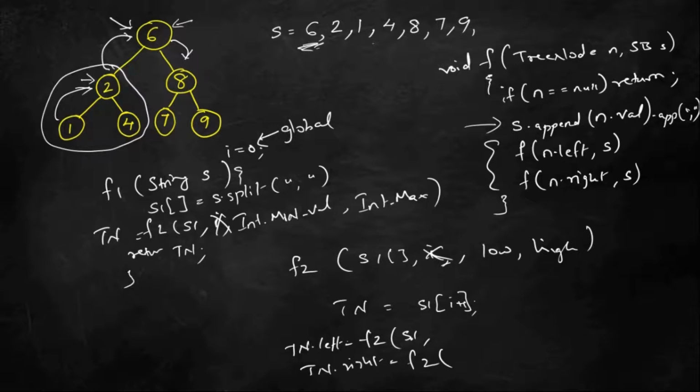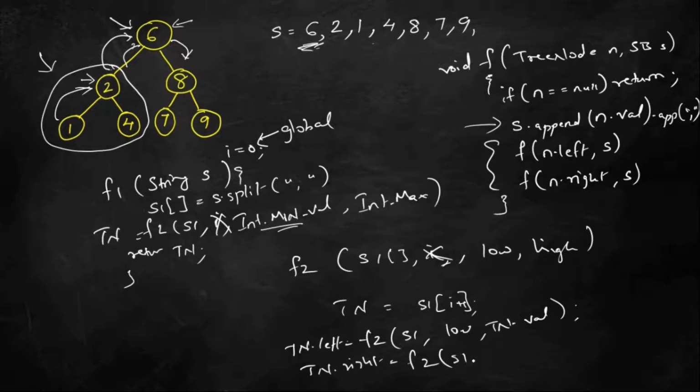Now here when I am calling the f2 for left, the low will be whatever is the current low, right, because it can be anything. So initially we are passing min value, so that same value will go here. If this is the subtree, the high will be my current node's value, let us say Tn is the current node, so Tn dot val, tree node dot val.